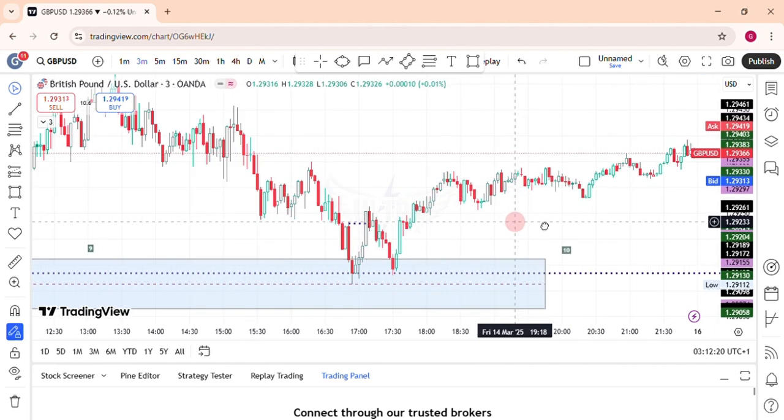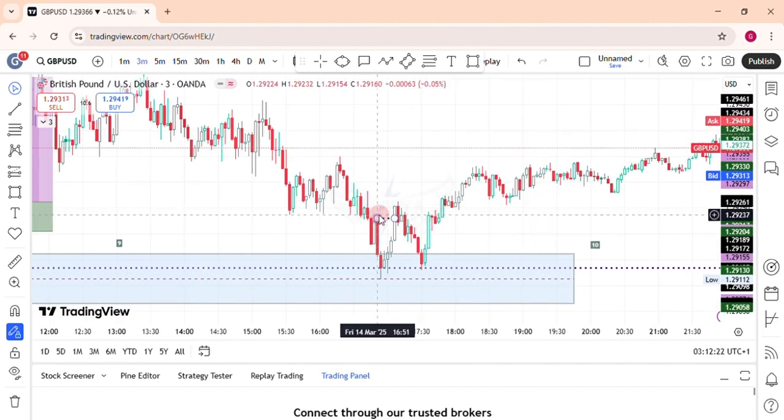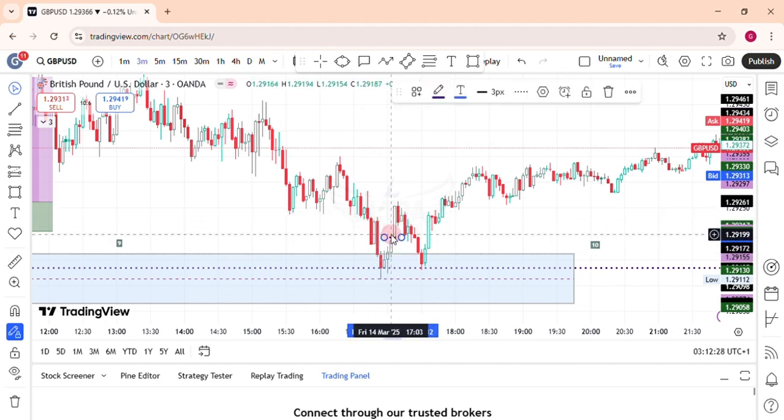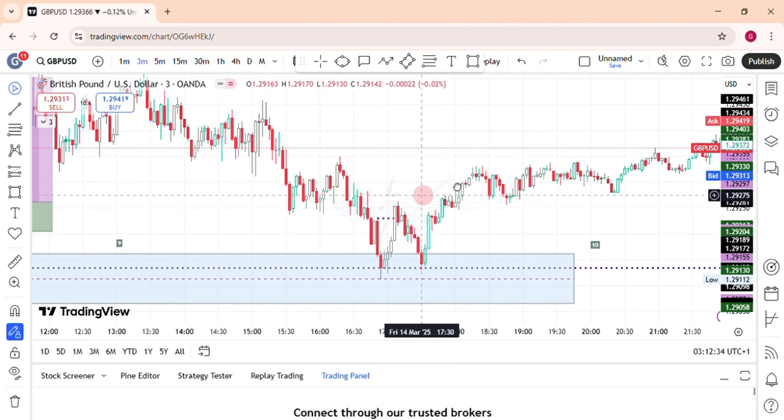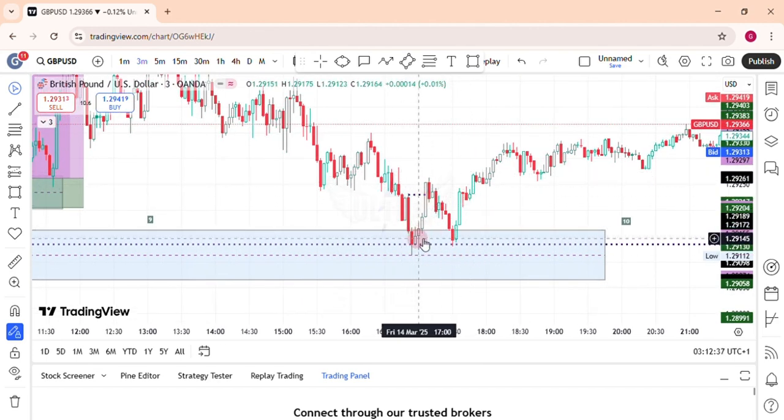Now you see this high, price actually took out this high here and also closed above it. So that is why this is here. Price closed above this previous high, giving you a good break of market structure.